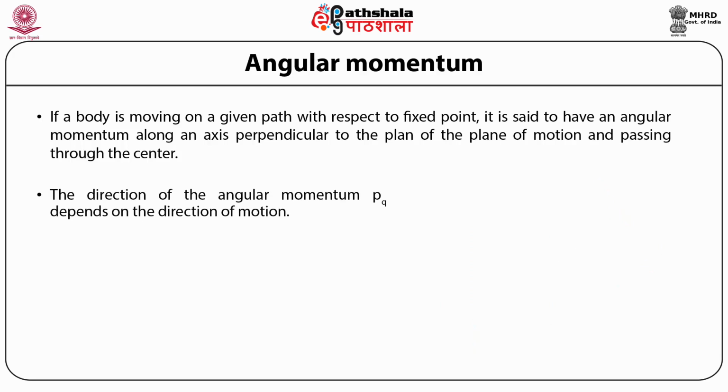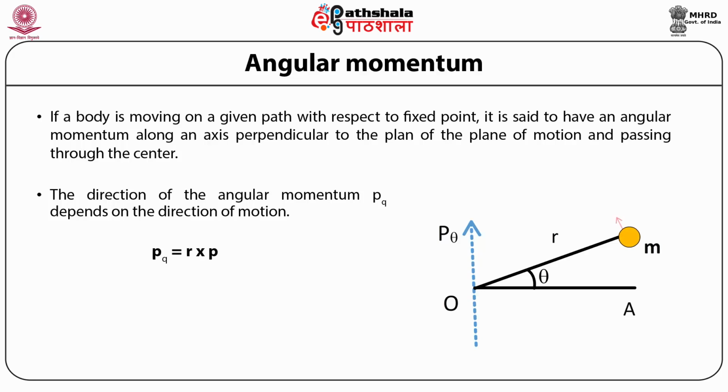The direction of the angular momentum, if we represent it by p theta, depends on the direction of the motion. Mathematically, p theta equals the cross product, or the vector product, between r, which is the displacement vector with respect to the fixed point, and p, which is the linear momentum.